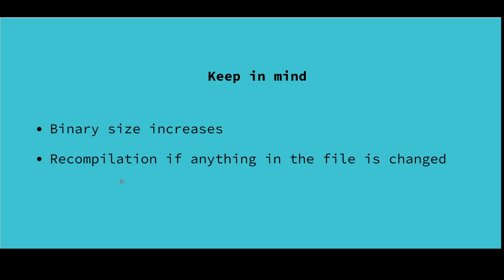Second is that if there is any change in the file that has been embedded in your program, you need to recompile that program. So these are the two things you need to keep in mind. If you are fine with these, go ahead and definitely leverage the Go embed directive.